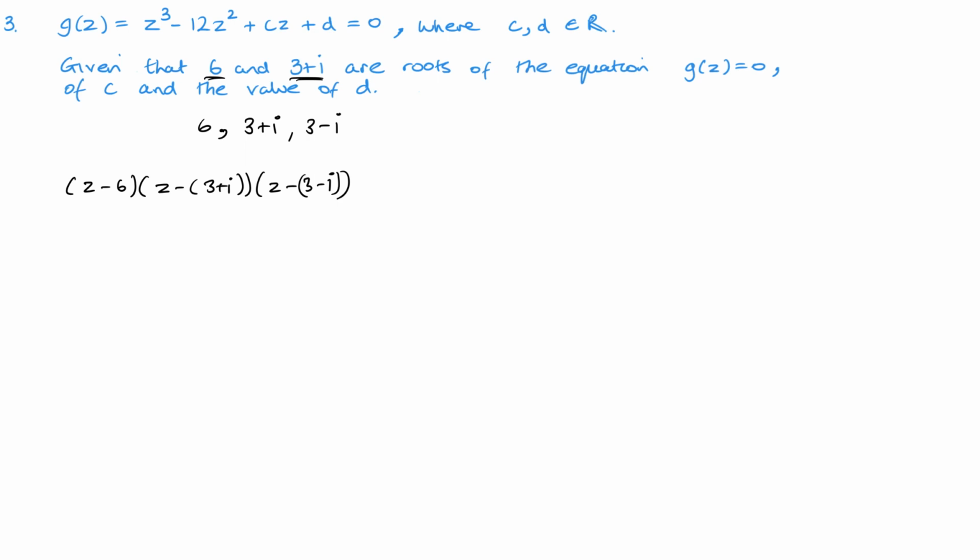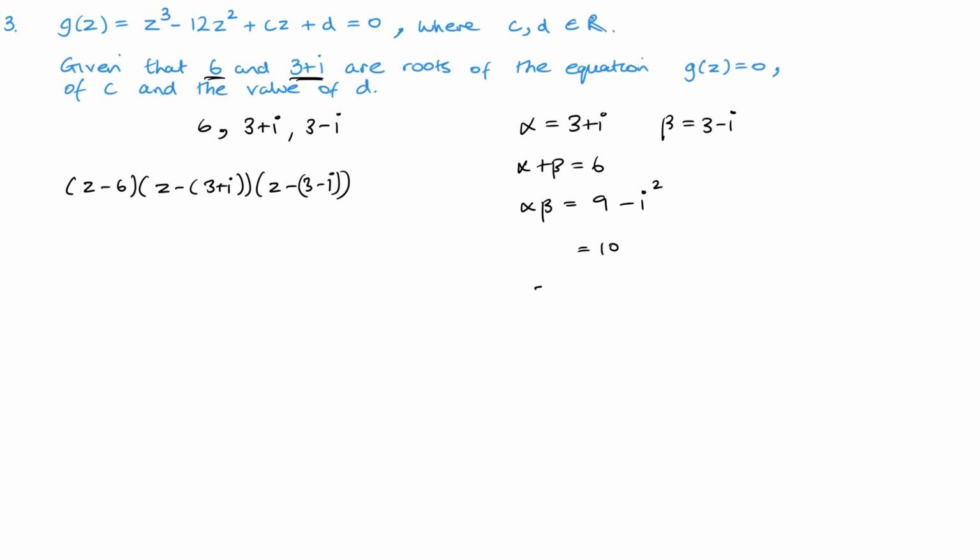Alternatively, you can use your alpha and your beta. So your alpha is 3 plus i, your beta is 3 minus i, to find the quadratic part first. This is how I would probably do it, because your alpha plus beta is always nice and easy. It's going to be 6, and alpha times beta is going to be 9 minus i squared. And obviously i squared is minus 1, so it's 9 plus 1, which is 10.